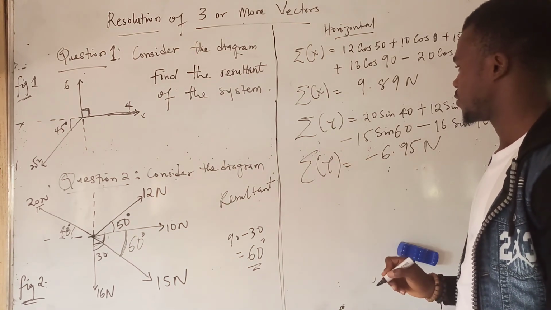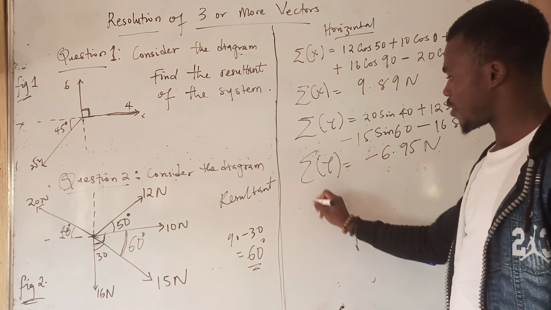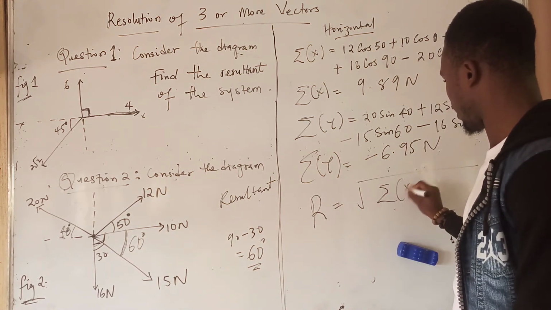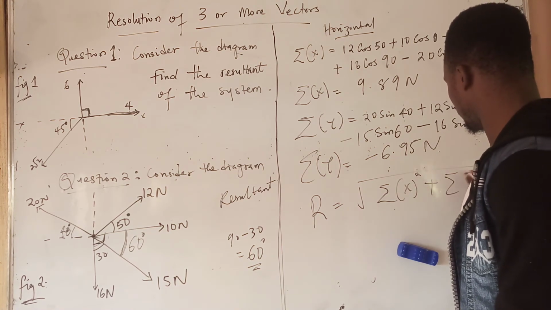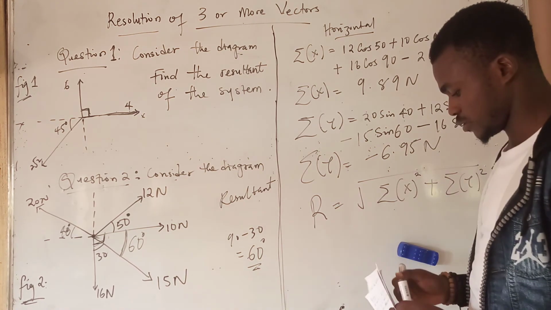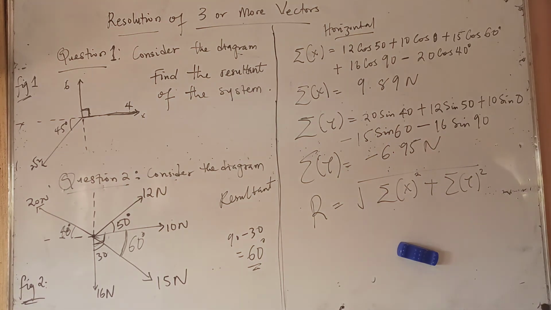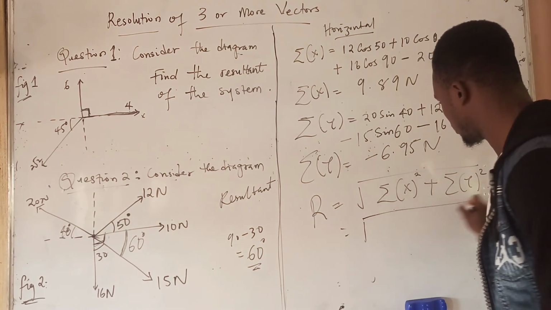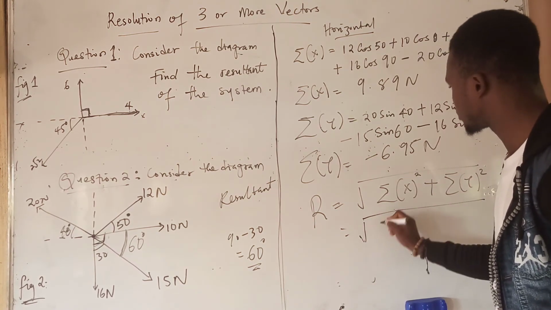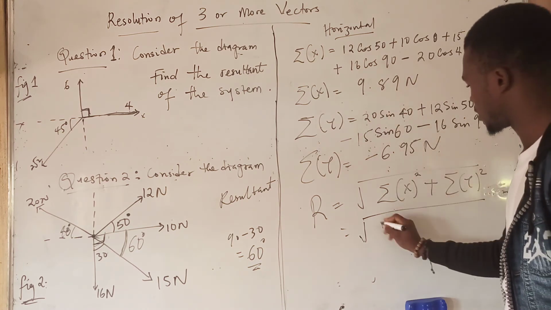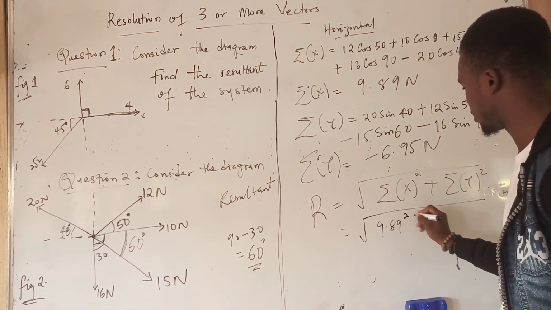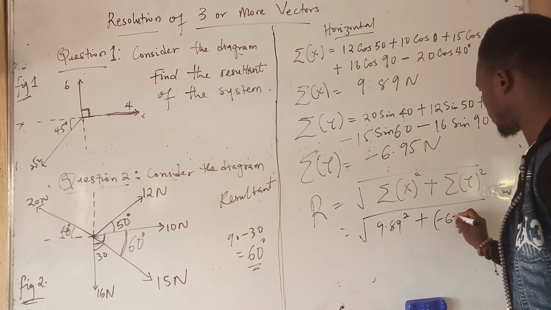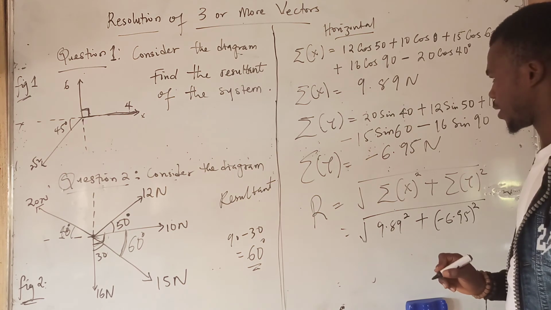So our resultant will be equal to the square root of the sum of x all squared plus the sum of y all squared. Our sum of x is 9.89, all squared, plus the sum of y, the negative of 6.95, all squared.